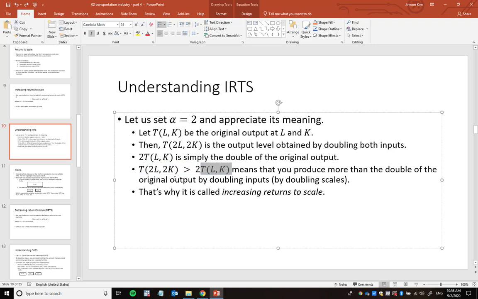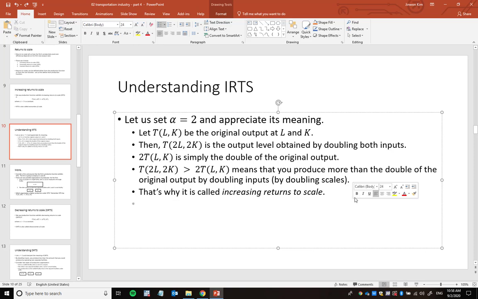Let's say you increase your factory's size by employing twice as much labor input and twice as much capital input. By increasing your factory size by twice, you can produce more than twice the original output.